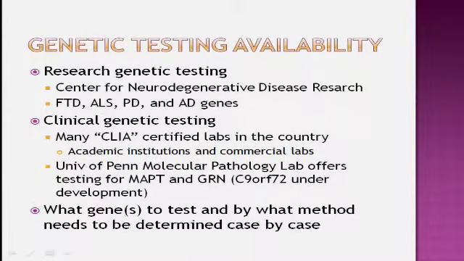My lab offers clinical testing for tau and progranulin, and we're in the process of developing testing for C9orf72. Which gene should be tested and by what method is a case-by-case determination, and that's an important part of the discussion that goes on with the genetic counselor.